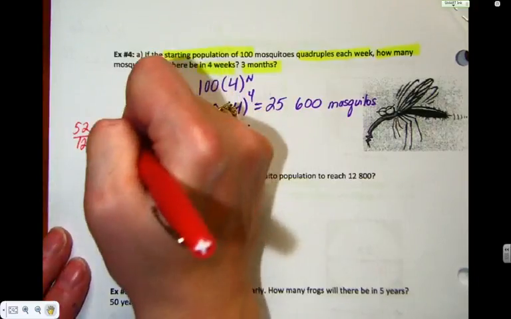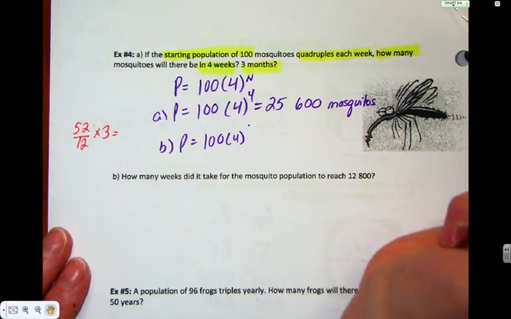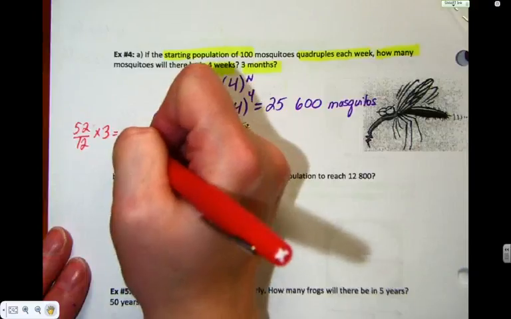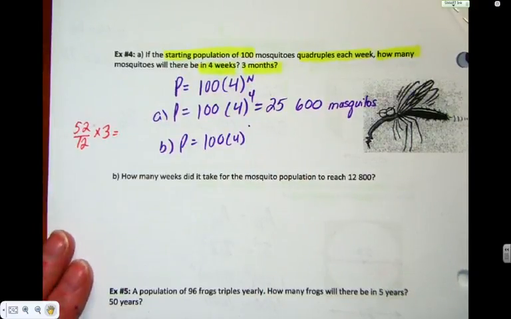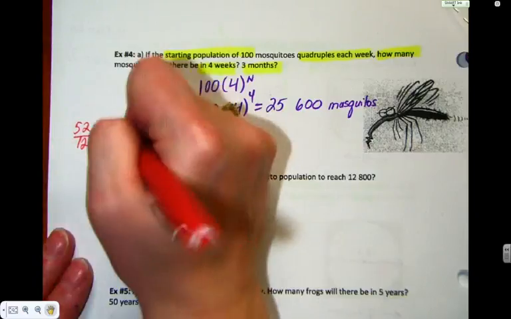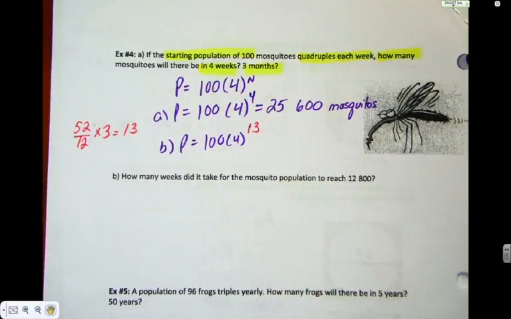Answer? No answer yet? 13. So if you had just done 3 times 4, you would have had 12, but it's 13 weeks. So just beware, you can't just take number of months and times by 4, because every month doesn't necessarily have 4 weeks. Sometimes there's more, sometimes there's less.